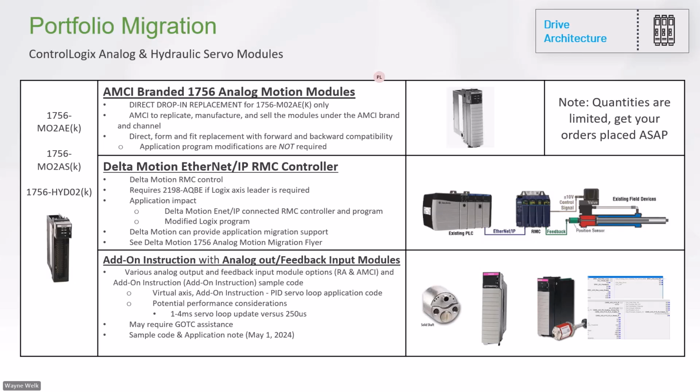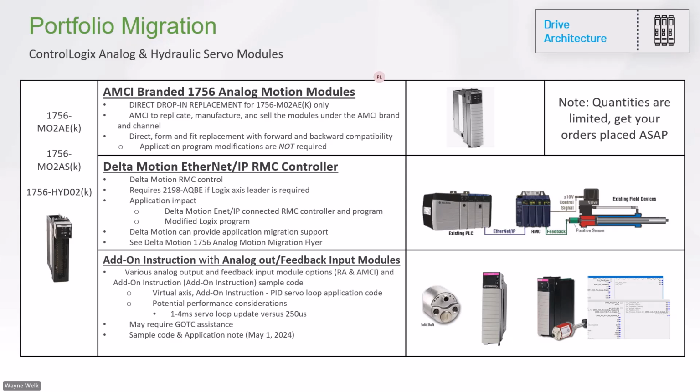For the 1756 MO2AS and ASK modules used with devices having serial SSI feedback, as well as the 1756 HYD02 and HYD02K hydraulic modules, the RMC controller from our partner Delta Motion can be used to replicate the functionality of the 1756 modules with some application modification and available assistance from the manufacturer.